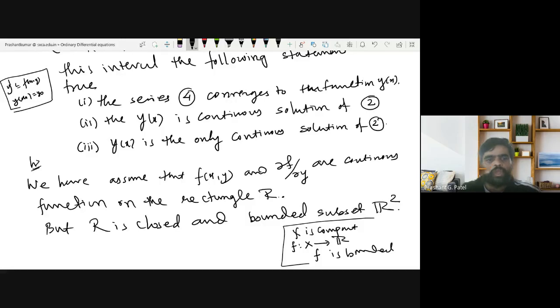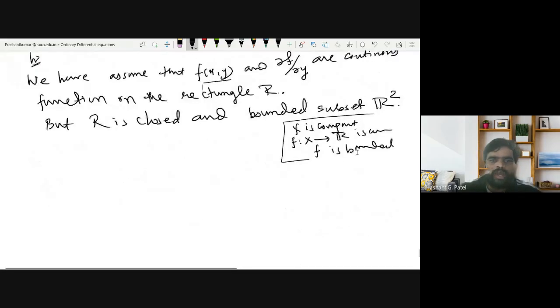So f of x,y and del f upon del y are both continuous on this rectangle, and this rectangle is closed and bounded. So that's why this function f and del f upon del y are both bounded functions.